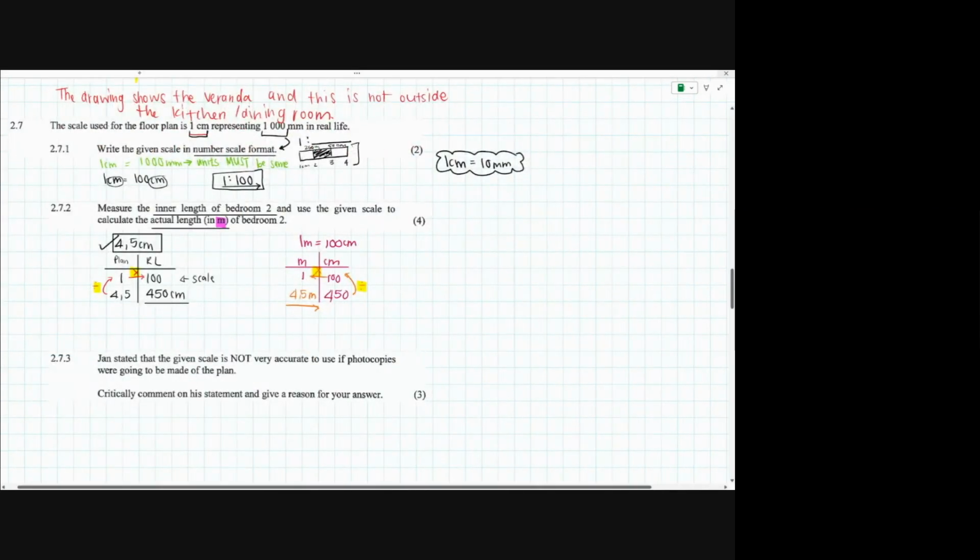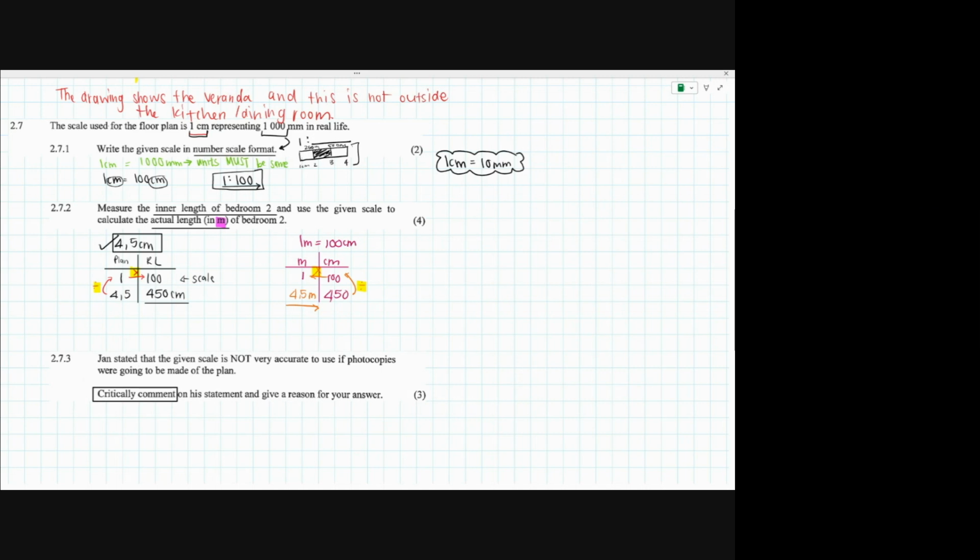We then have Jan stating that the given scale is not very accurate to use if photocopies were going to be made of the plan. Again, we're going to critically comment on a statement and give a reason. So who can tell me whether or not they think Jan is correct or not?